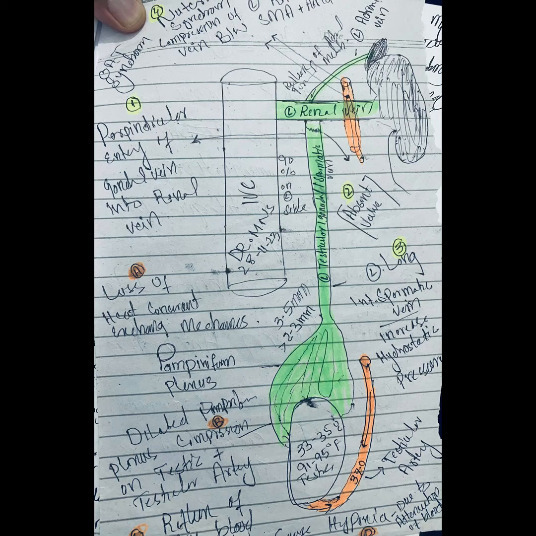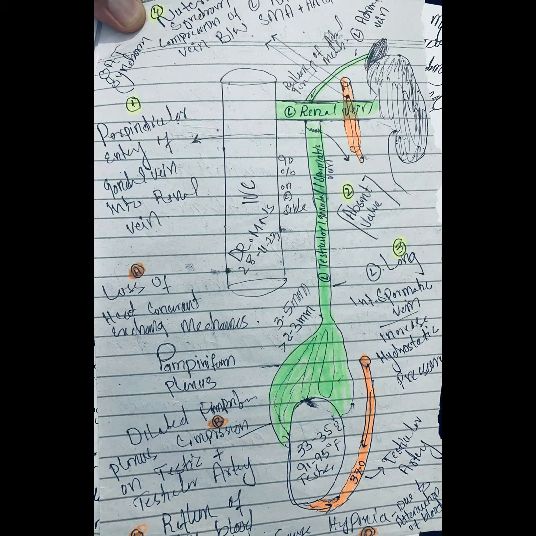So because of the reflux of toxic metabolites like catecholamine, and we know catecholamine can cause chronic vasoconstriction, this again leads to dysfunction of the spermatic epithelium. So these are the reasons that lead to infertility in patients with varicocele.